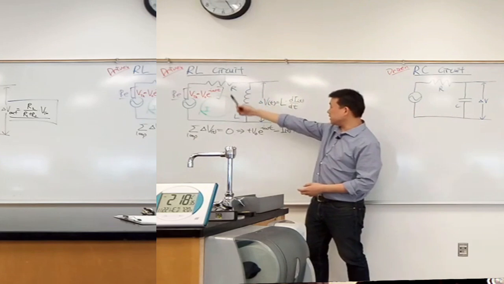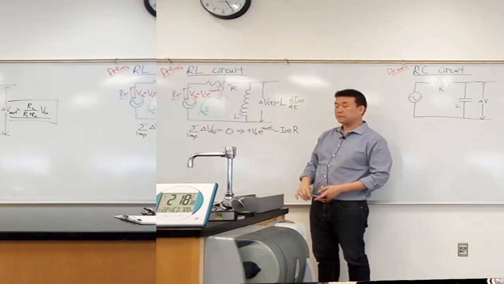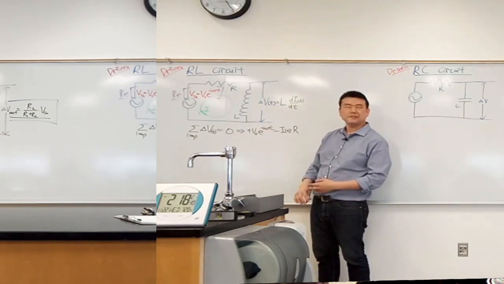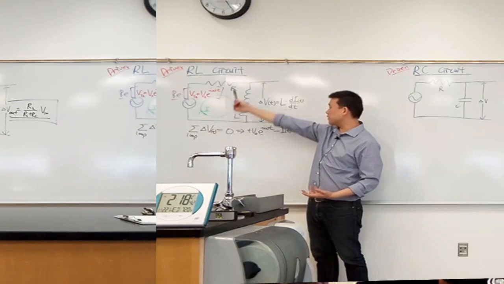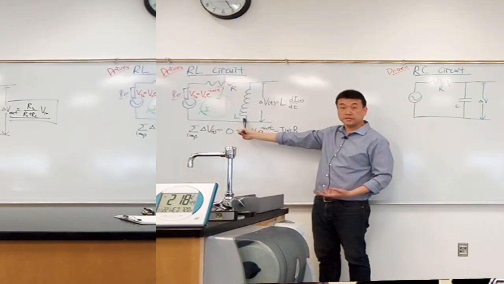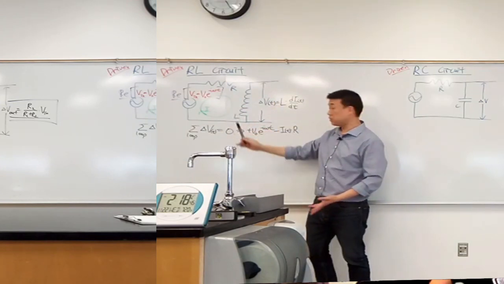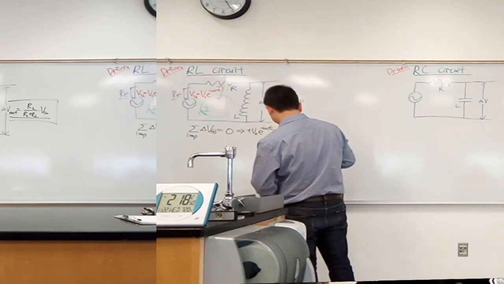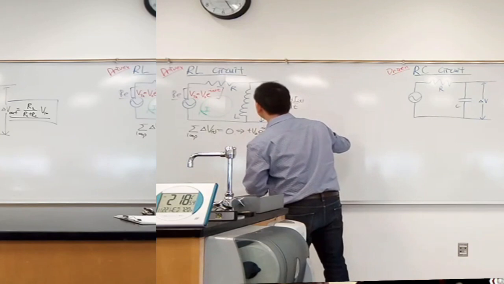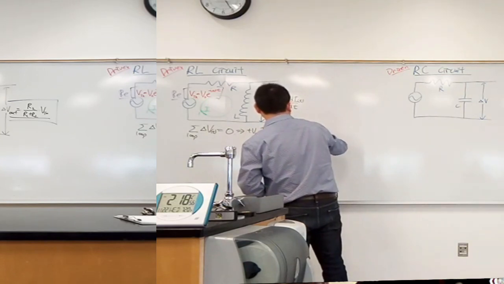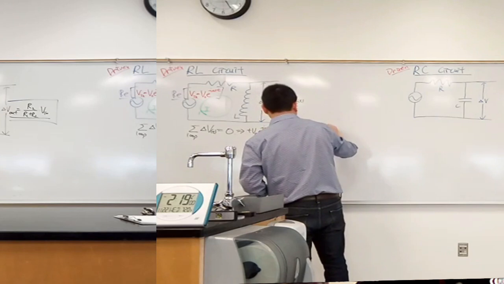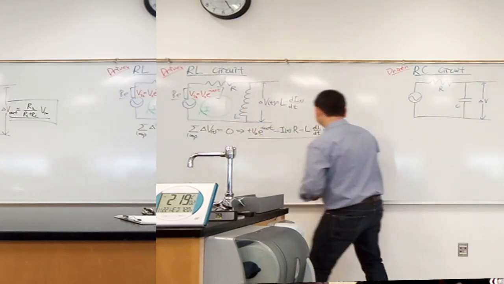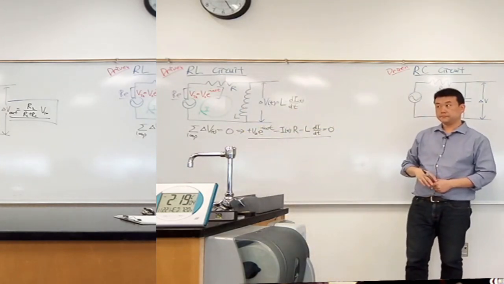As I go across the inductor, this time and every single time, I lose some amount of voltage. So as I go across the inductor, I have minus L times di/dt, and all of this should add up to 0. Everything good?